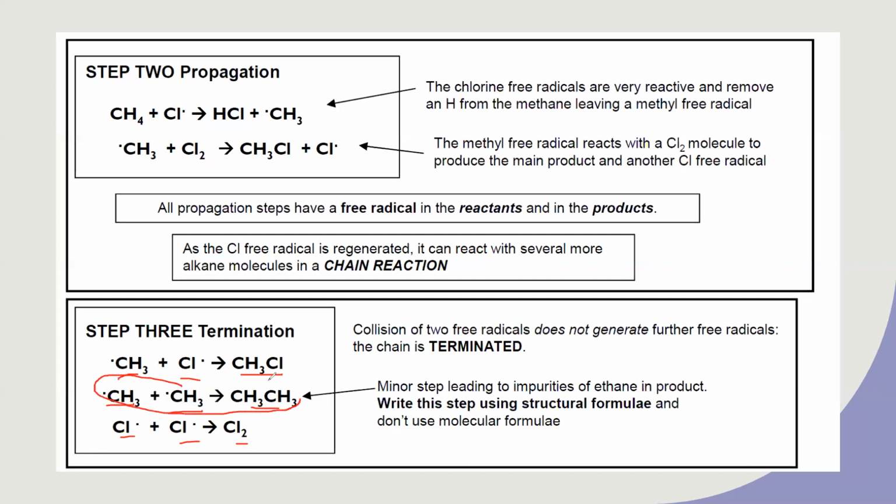This is evidence that this is a free radical substitution reaction, because ethane was not in the reactants or the products, but this gives ethane, which confirms that this reaction is a free radical substitution reaction.